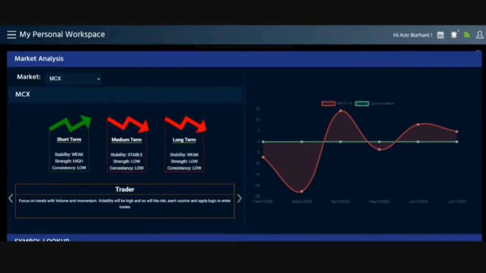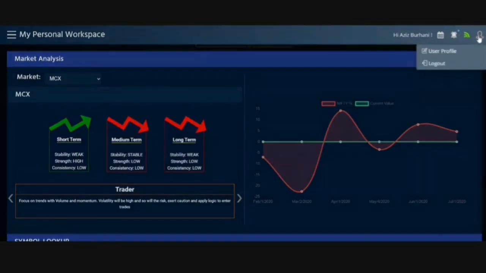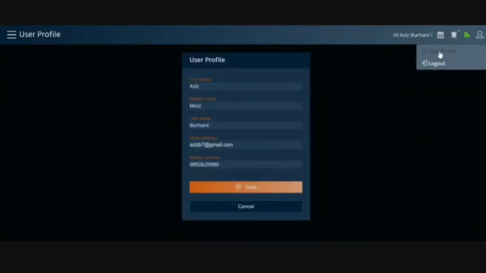I hope most of your doubts regarding the dashboard and its features have been taken care of. One request I want to make to all of you is that a lot of people have not updated their mobile number. You need to update your mobile number in the user profile, because you will get all the communications from us.